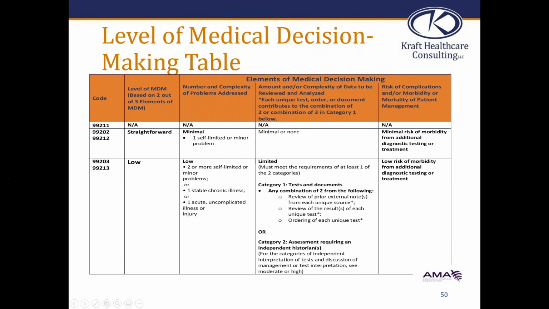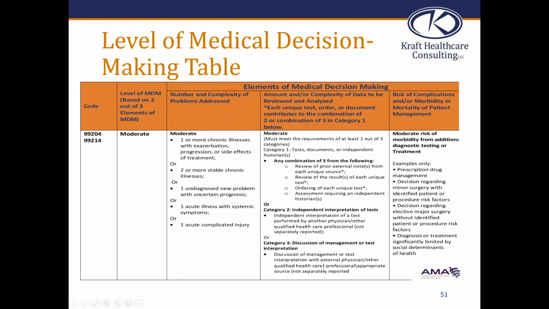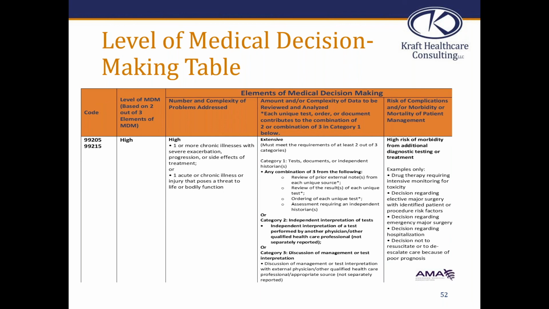So in that instance, you've got to meet or exceed. So your code would be in this 203 or 201 because you didn't exceed to get to that higher level. You had 1 below, 1 above, and 1 in the middle. So you have to do 2 out of the 3 elements and you have to meet or exceed. So it's really important. That's the same as we're doing now. The concept's unchanged from our current guidelines.